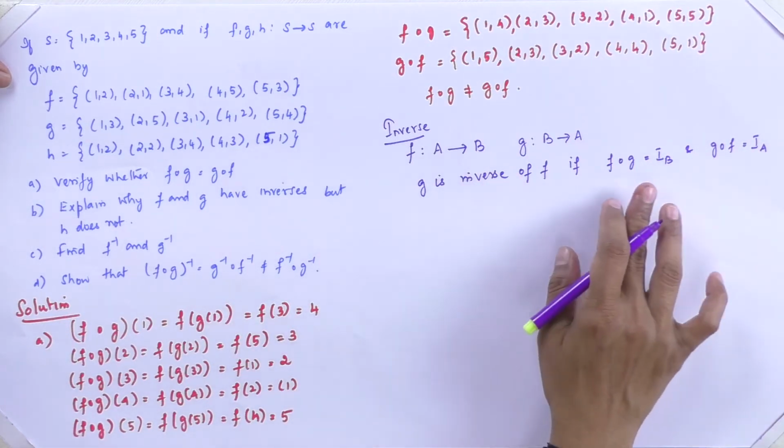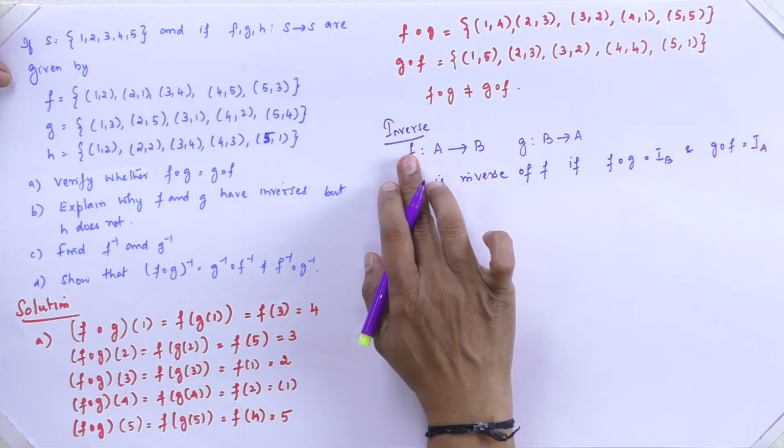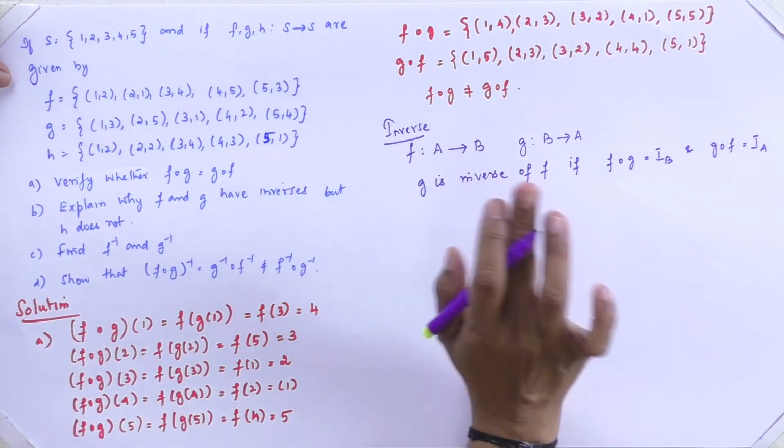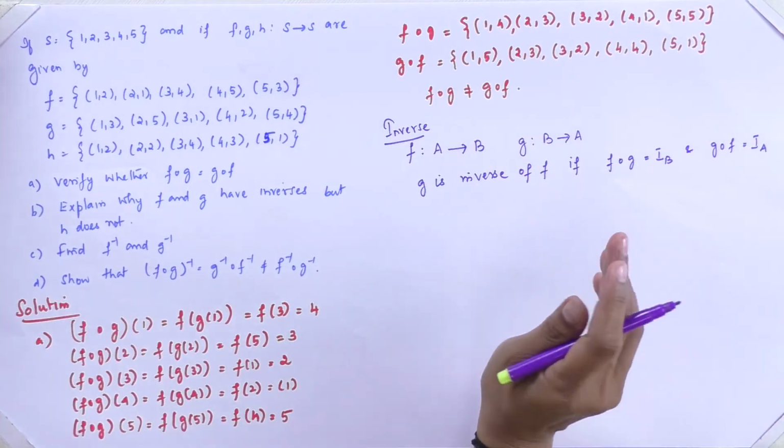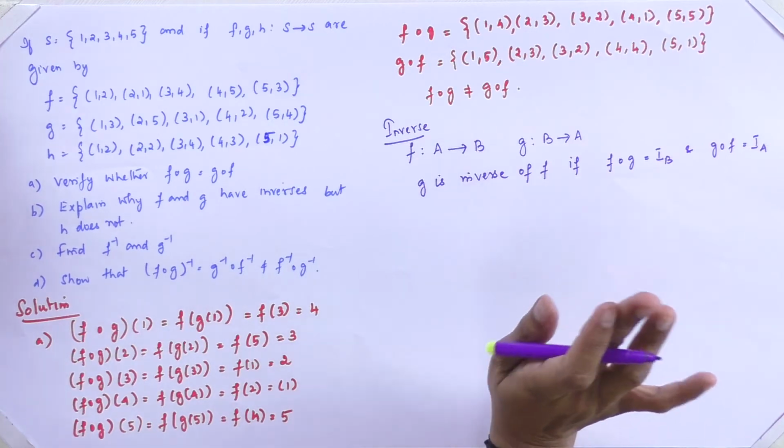If it satisfies this condition, then we say that the function has an inverse. So domain and codomain will be reversed.